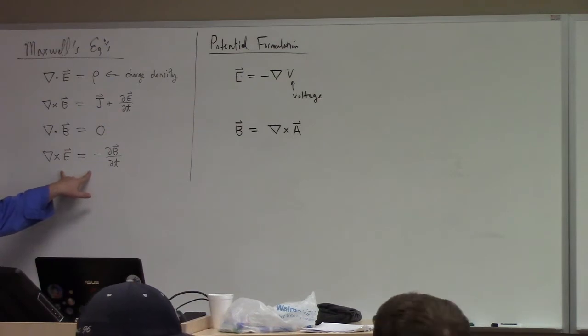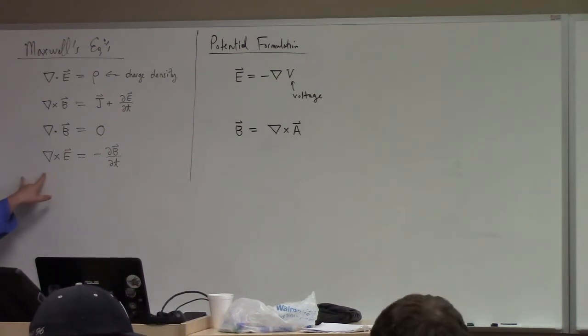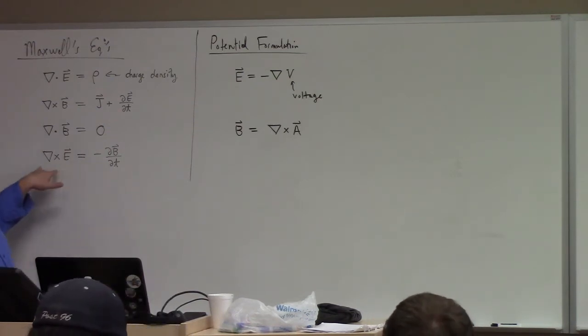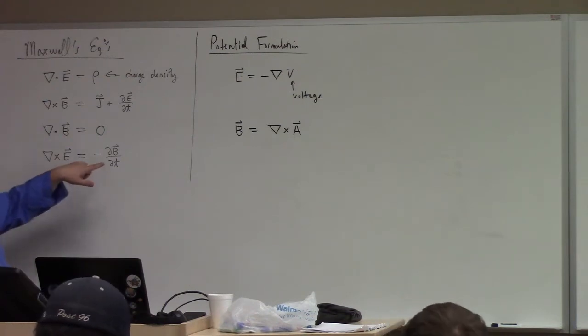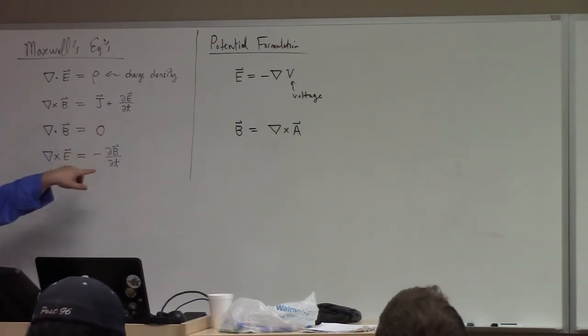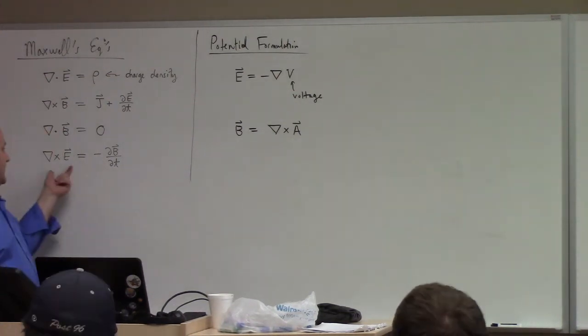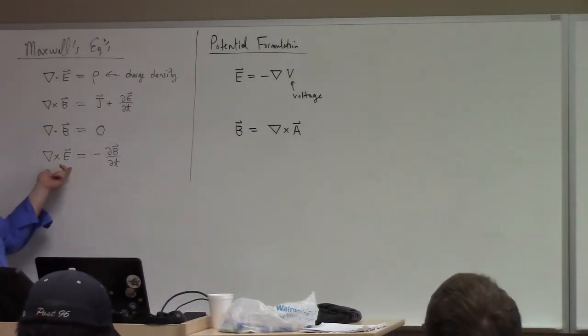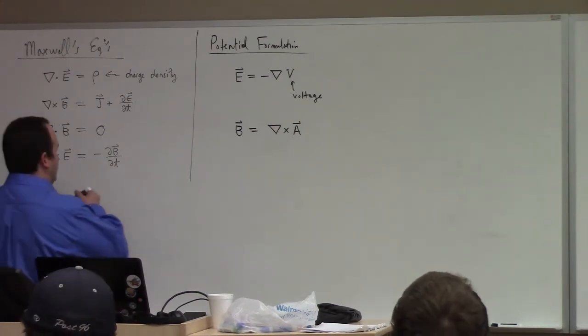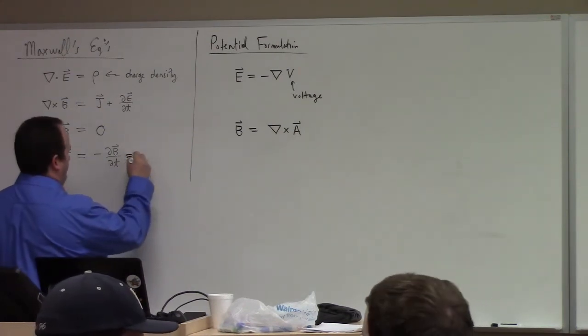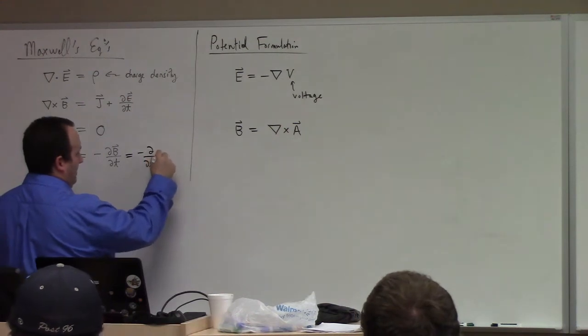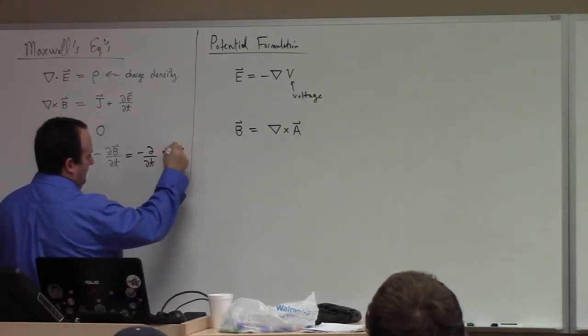There should be some sort of what? These can't quite be all that there is to it, because if my magnetic field is given by the curl of A, then this should be what?